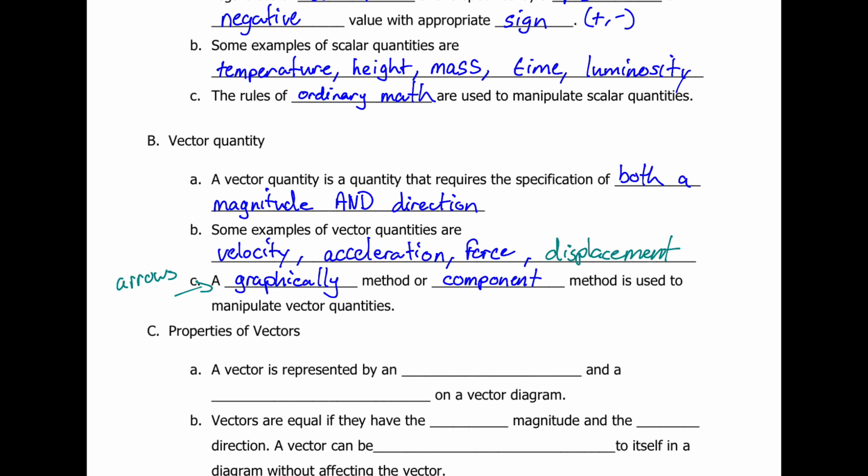It went from here to here, and we just draw them, and then when we put them together, we just draw more and more arrows, and we can see where all the arrows end up. So while possibly tedious if it's long and you've got to get some rulers out and protractors to get angles right, it works. Component method is the one I'm going to show you how to do later in this lesson. It involves math. So we're going to do a lot of math. I mean, the graphical one also involves math, but you can do it with measurement tools, and component ones we're going to do entirely through math and trigonometry.